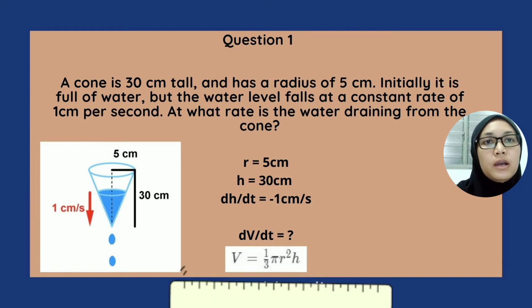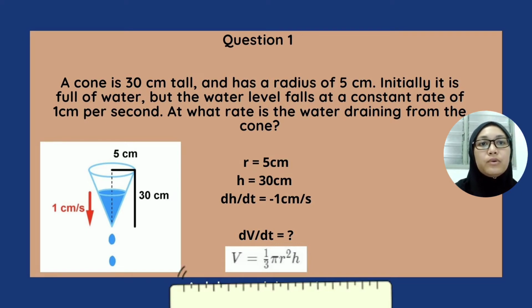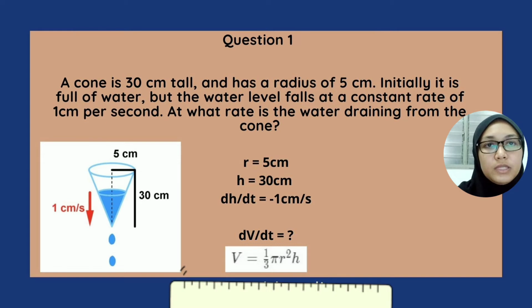So from the given information, the size of the cone and the rate at which the water is draining, what is the constant rate of the height? We can see the water level is going to change per second, which means the height is also going to change per second.